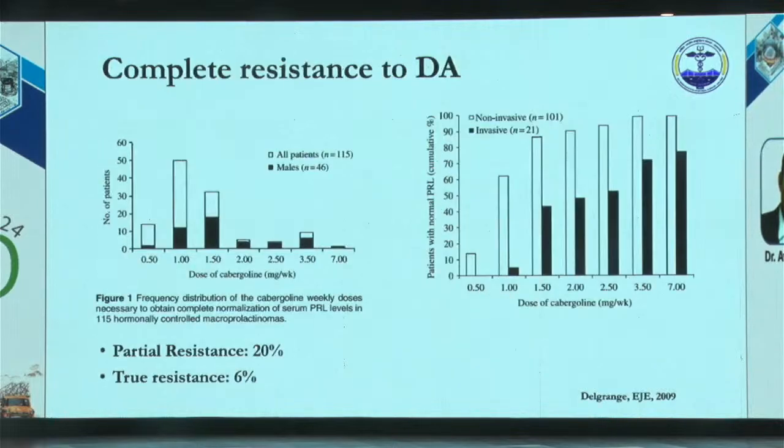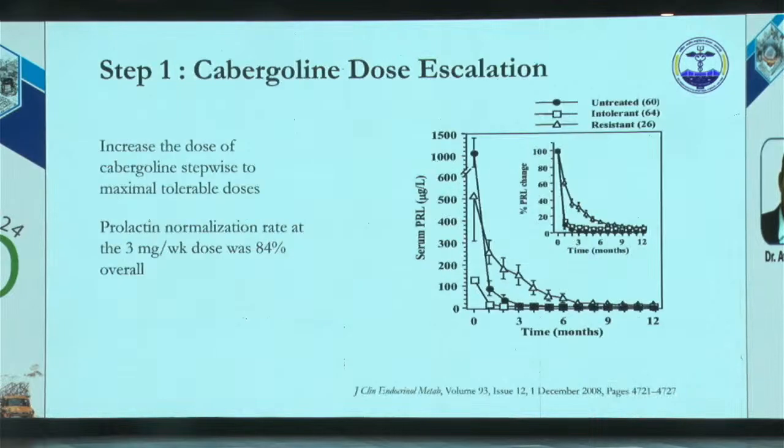If you can see this study, which I have told you earlier also, the dose has gone from 2.5 to 3.5, even up to 7.5, and some of the resistance can be overcome. But at least a maximum of 3.5 milligram per week can be tried if you are suspecting resistance.